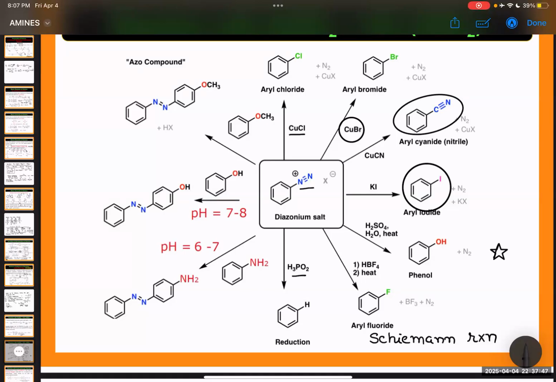Sometimes you need to convert the diazonium back to benzene by heating with H3PO2, or you can use ethanol and copper.